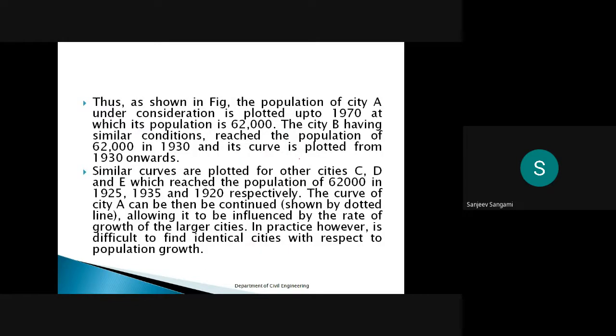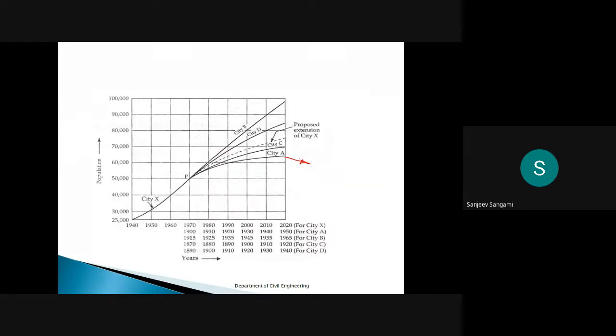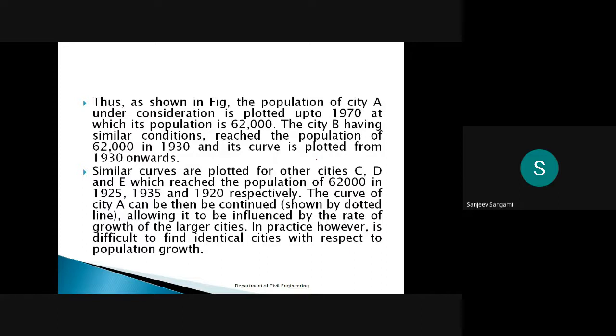Then assume that the population is around 62,000 here. See what he is saying: the population is 62,000 here. Then city B, having similar consideration, reached the population of 62,000 in 1930.